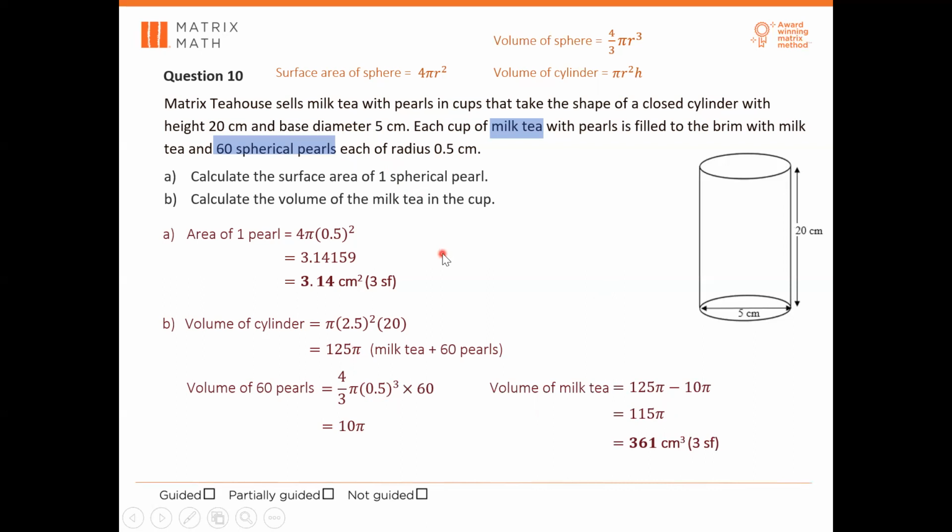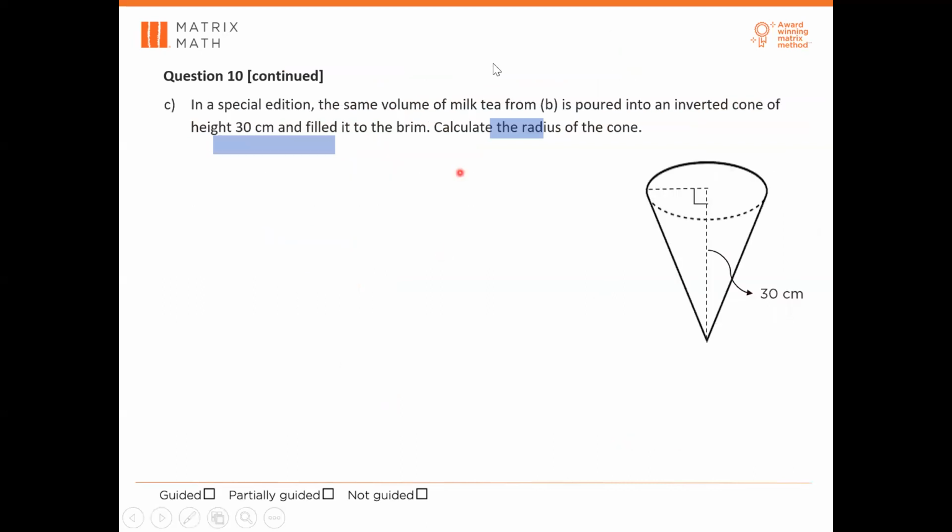Moving on to 10C. In a special edition, the same volume of milk tea from part B is poured into an inverted cone of height 30 cm and fills it to the brim. Calculate the radius of the cone.